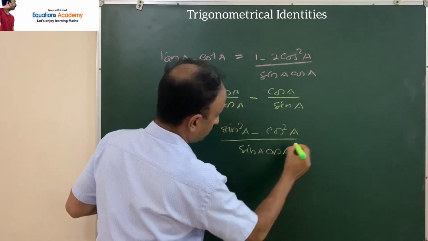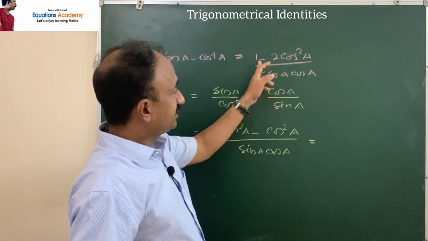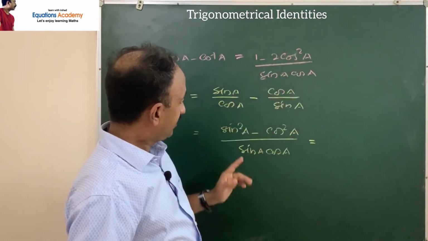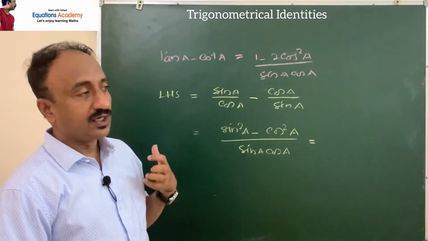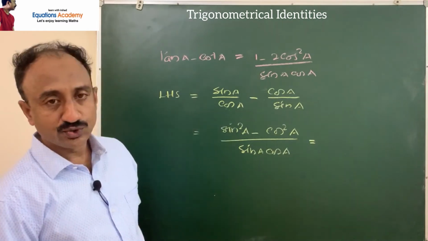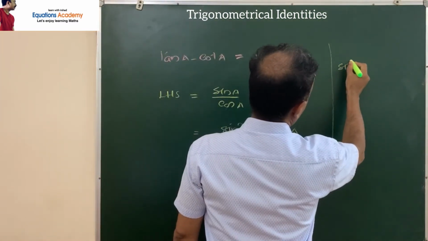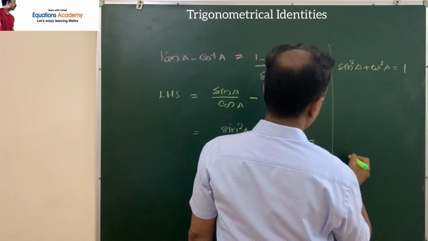See the RHS here, it is 1 minus 2 cos square A. There is no sin there. We have here sin square A, so we will rewrite sin square A in terms of cos square A. We know that sin square A plus cos square A is equal to 1.